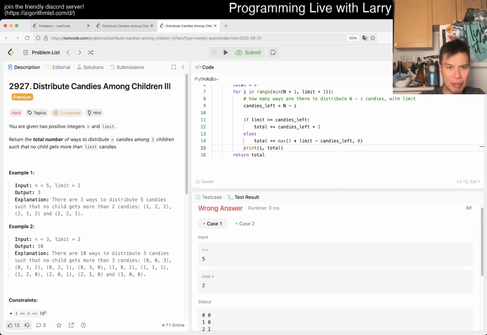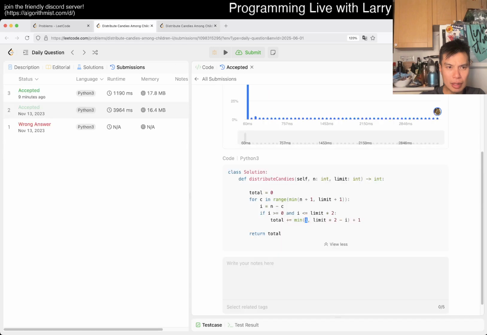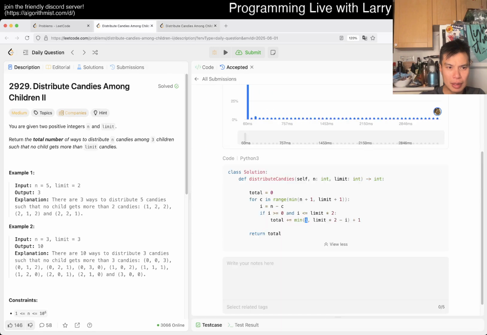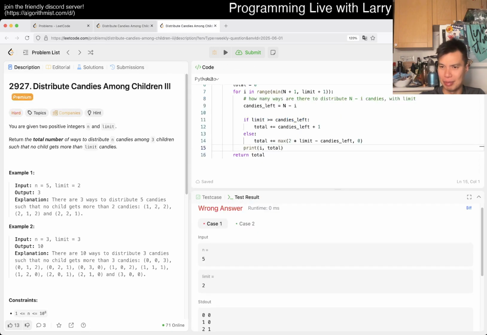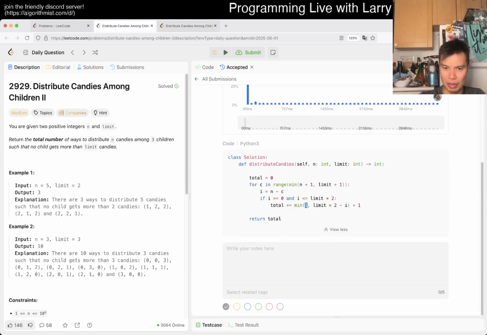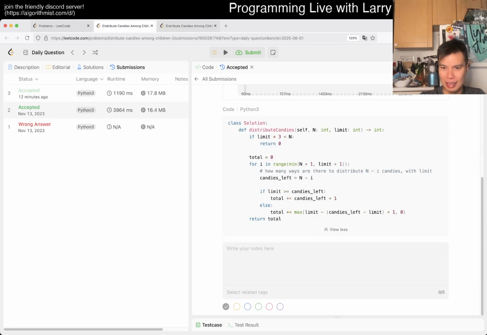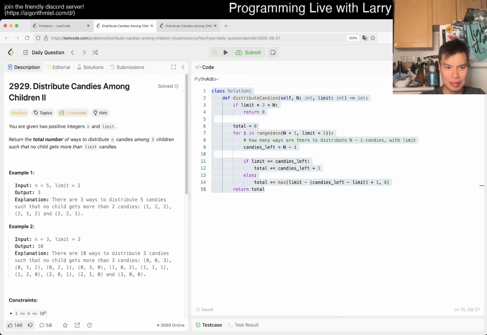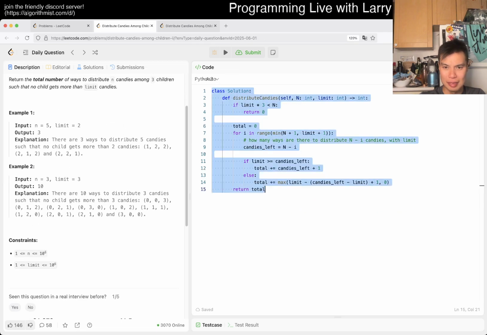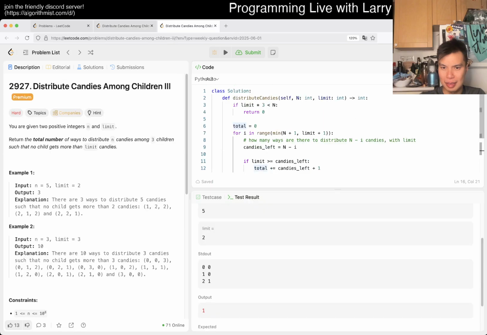if it's right. Did I misread this one? Let me look. I just want to double check that I'm writing the same problem. But why is this wrong then? I just did this today. Maybe I changed something.